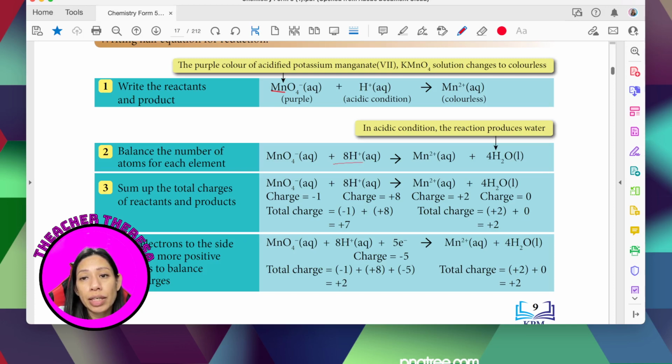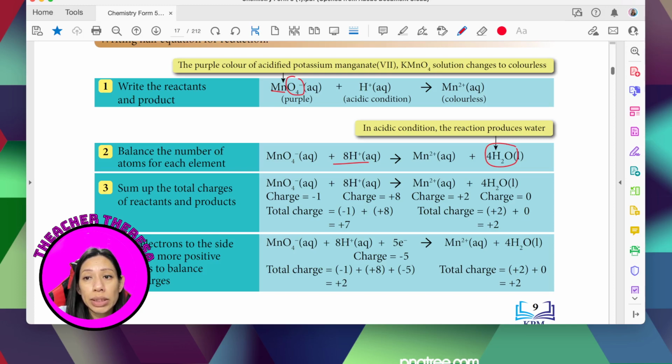MnO4 will receive electrons, but first we have to balance the product and the substance. If you see there's O, but at the end in the product there's no O, this is not balanced. That means some other product is missing here. What is missing is water. That's why, from acidified potassium manganate, you have water. This is to balance the equation.